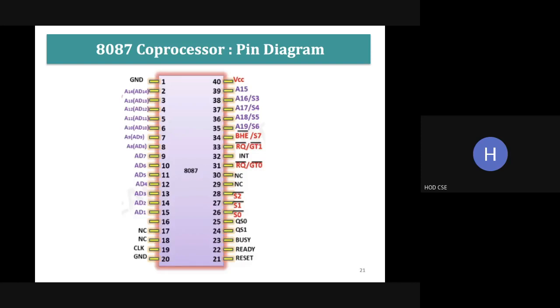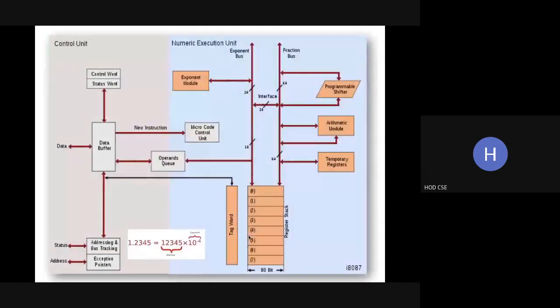Almost all the pins are the same, so when you study the 8086 processor pins thoroughly, there is no need to study them again here. The main signal communication between 8086 and 8087 is performed by this busy signal, pin number 23. And this is the architecture of the 8087 coprocessor.